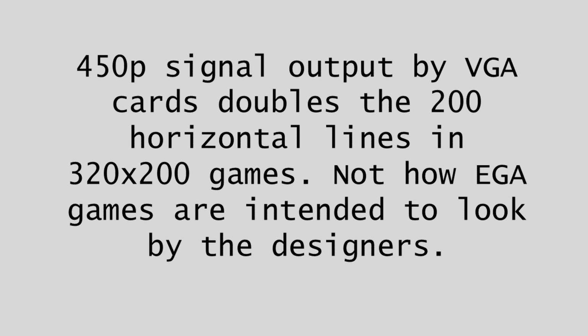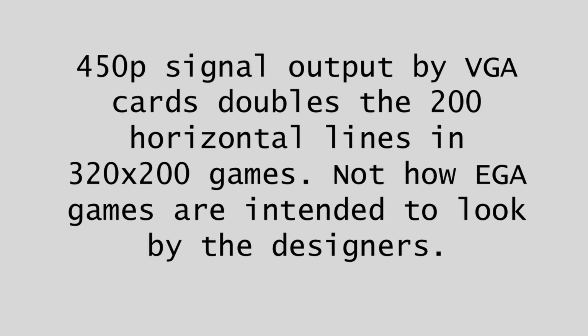Because it was sending a 450p signal instead of a 240p signal, it had to double all those 200 lines in the EGA game in order to fill that space. So instead of displaying the standard resolution of 200 lines, it displayed 400 lines, where all those 400 were just made up of doubles of the 200.